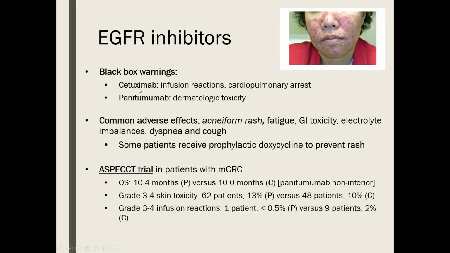When you look at your nomenclature with the -xi- and the chimeric monoclonal antibodies, you expect them to have a smaller amount of humanized protein and therefore a higher risk for infusion-related reactions than you would with the humanized -u- based nomenclature for panitumumab. So this is a really nice description of that in clinical practice.